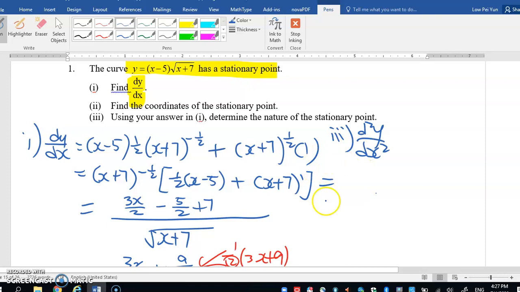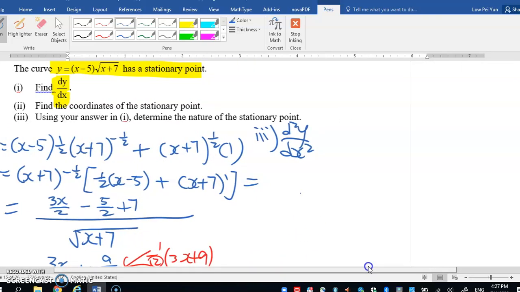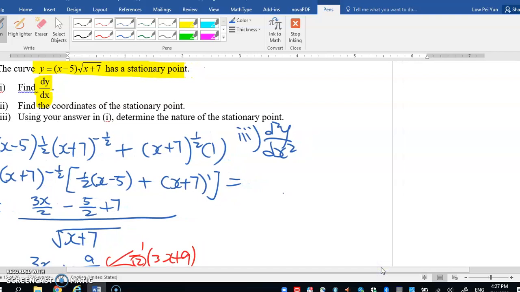I am going to differentiate this using the quotient rule. So I am going to have to square my denominator. Squaring my denominator, I am now going to copy my denominator.